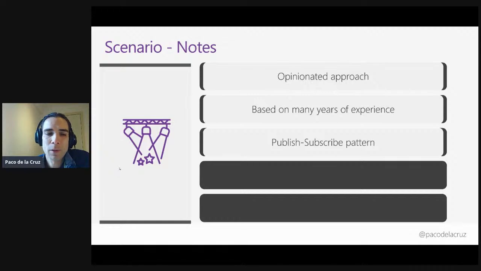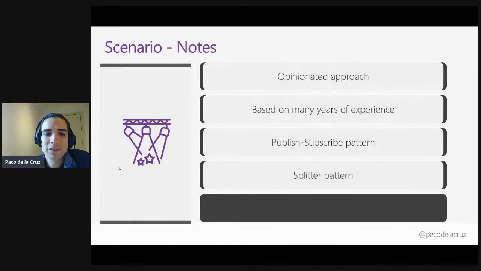So we have a publisher, we have a subscriber, and we also are following the splitter pattern, meaning we receive a batch of events, and then we split or debatch this single message into multiple events, and then publish this to the target system.